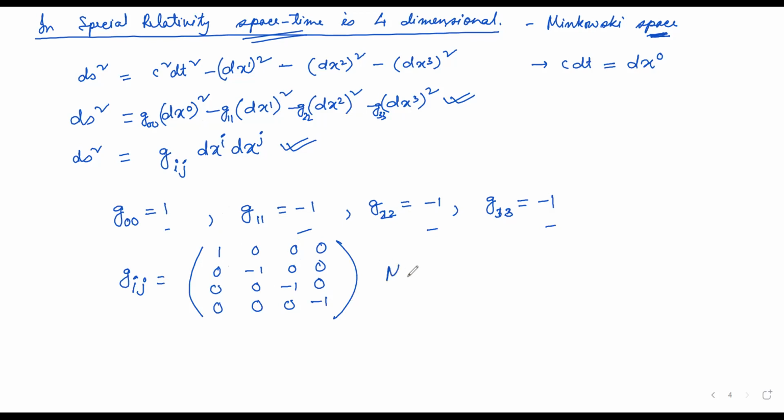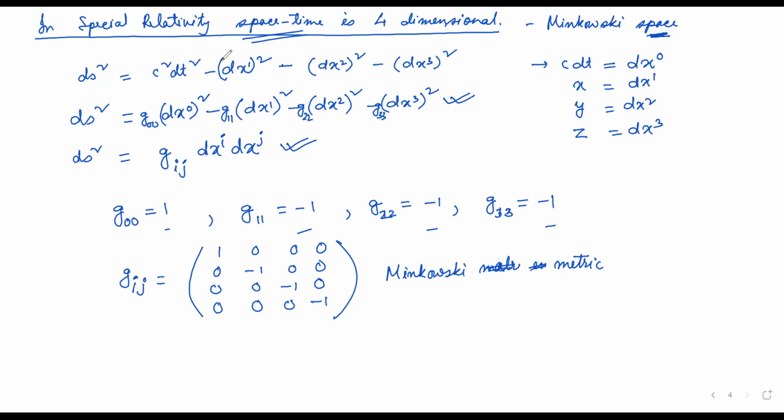This is called the Minkowski metric matrix. And this is true only when you are using x as dx1, y as dx2, and z as dx3.